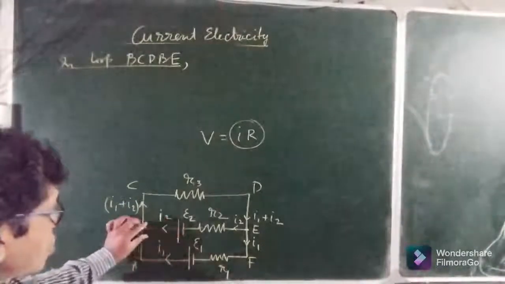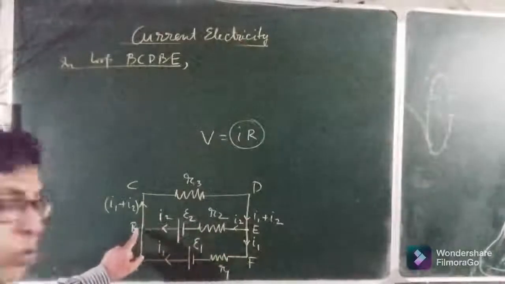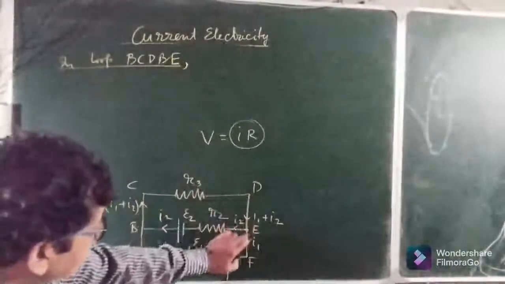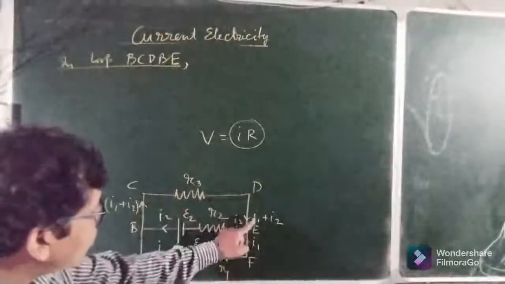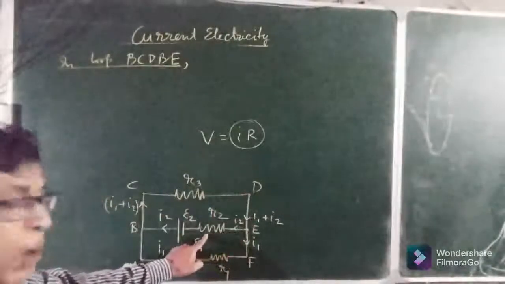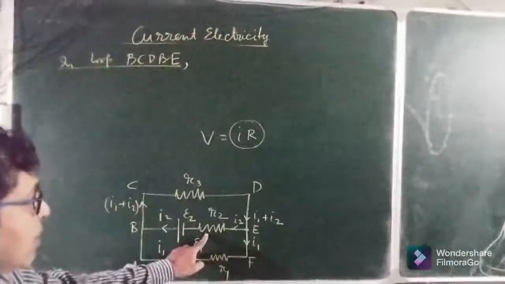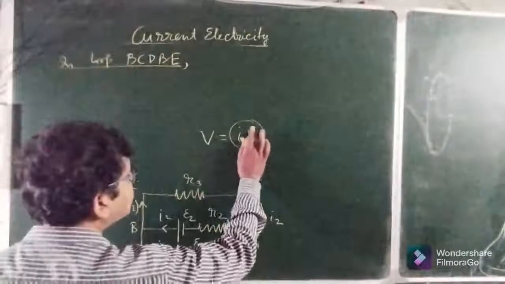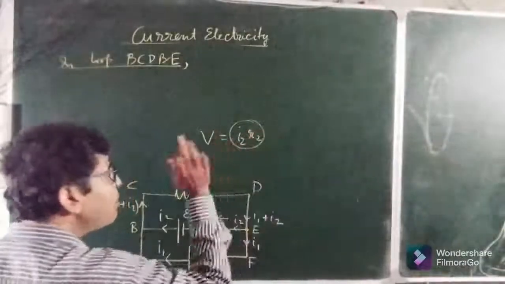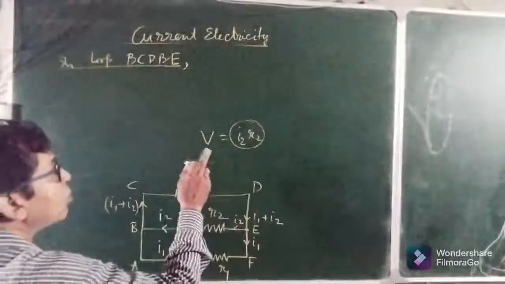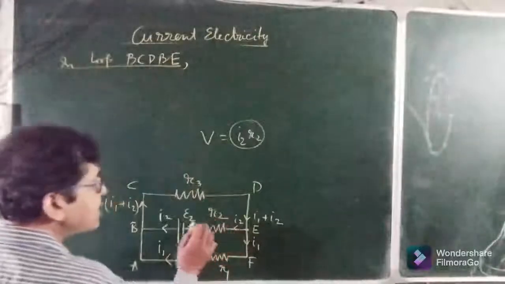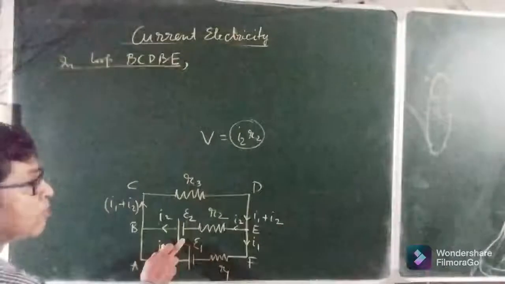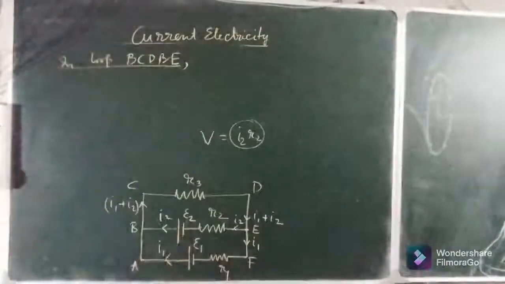From this source, the current flows out as I2, and when this current travels along and passes through this resistance, the product of these two, I2 and R2, will be that energy which is consumed inside this resistance and is lost from this source.